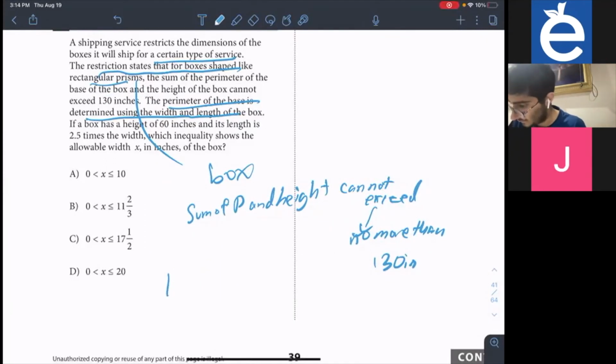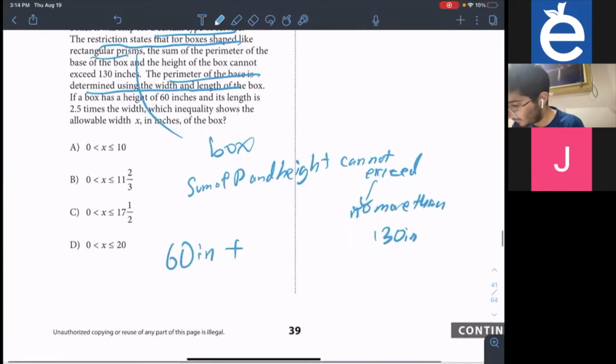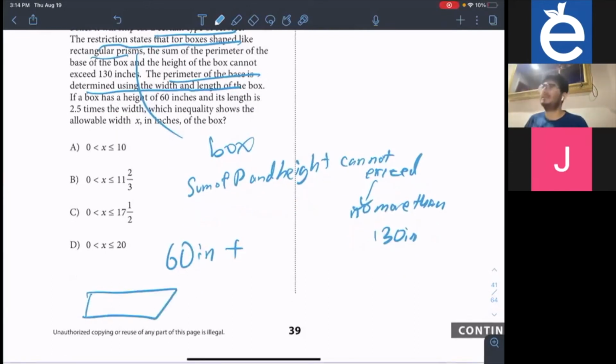So let's start with the height first. The height is 60 inches plus the perimeter of the base, which is basically the rectangle, so it'd be the length and the width. The perimeter cannot be more than 130.